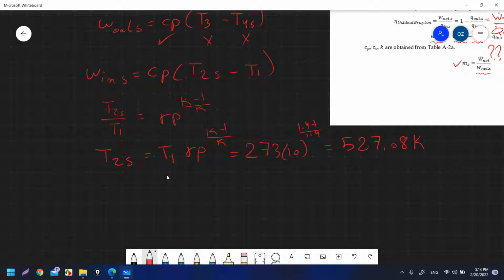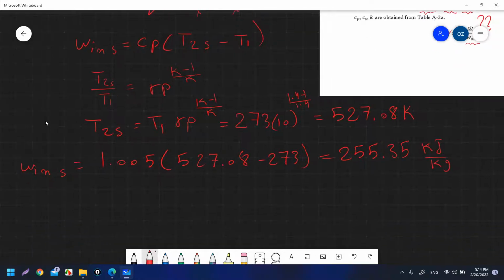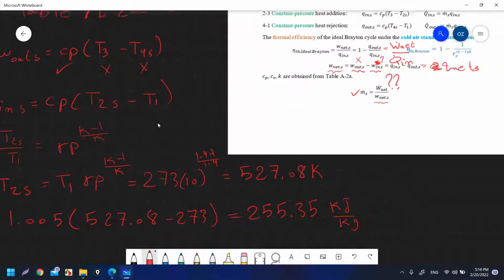Then now I can find WNS. WNS, the work net of the compressor, is 1.005 times 527.08 minus 273, and this will equal 255.35 kilojoule per kilogram. Okay, so we found WNS.